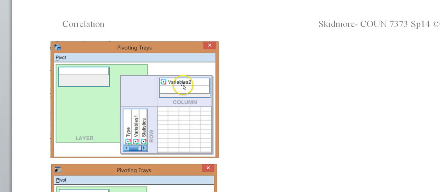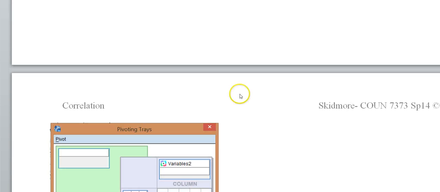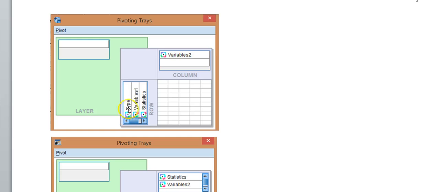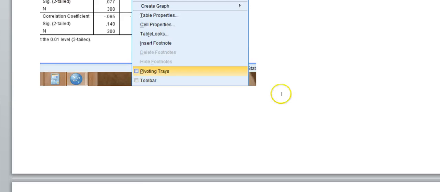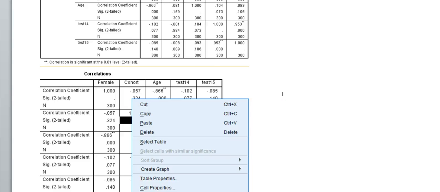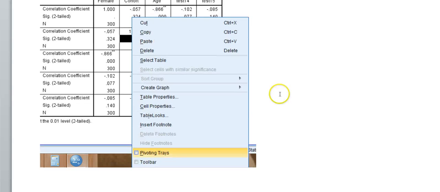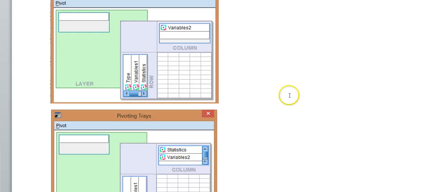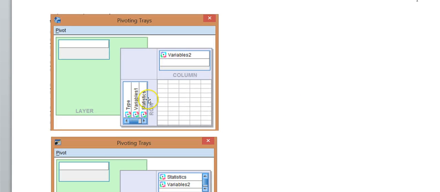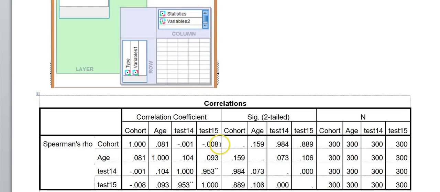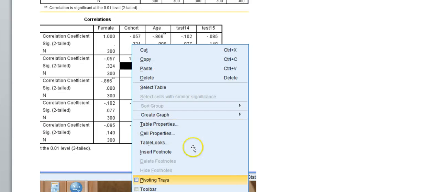So when I first had this box pop open, you've got the type, the variables, the statistics, and then variable 2 in the column, and you can see that the statistics are in the rows, variable 1 in the rows, and then variable 2, and it's also got the types.